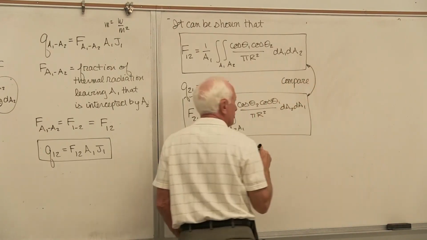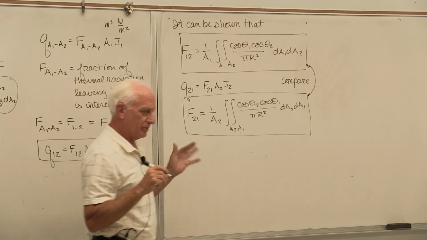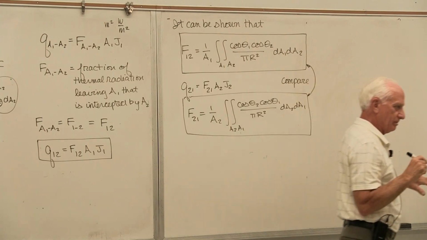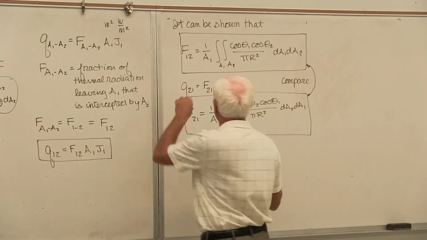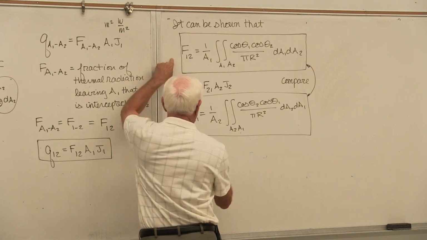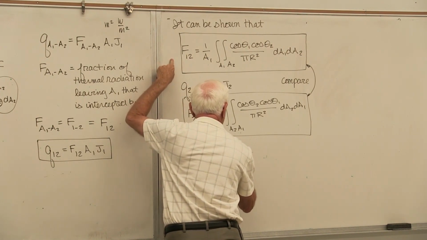And draw the conclusion. Since the double integrals are identical, don't forget, you can change the order of integration. Doesn't matter which cosine's first, theta 1 or theta 2. It doesn't matter which dA is first, dA1 or dA2. You can change the order of integration. And so the conclusion is, if I multiply A1 times F12, that's equal to A2 F21.